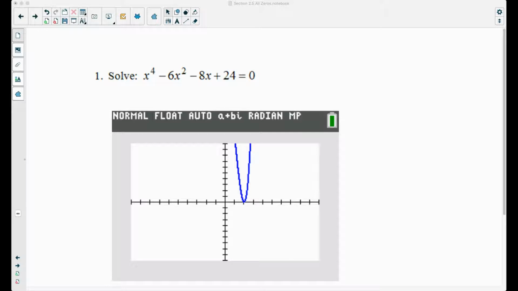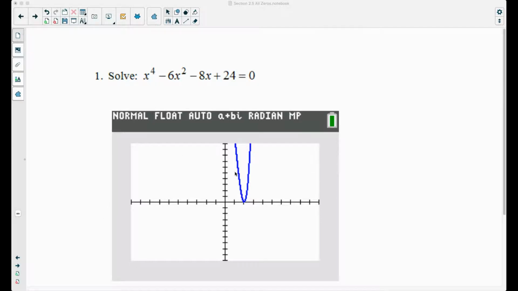All right, so if we look at our graph, what we could do is zoom in a little bit. In some cases, they're real mean and it looks like a double root, but in reality, it comes down in just a little bit further. But this one doesn't seem to do that, okay? So that is a genuine double root there.